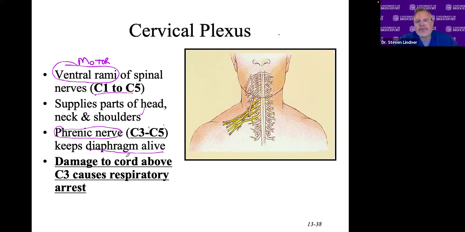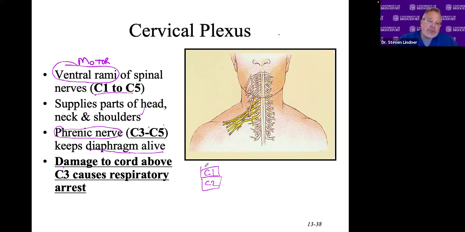Now, you can have damage to the spinal cord above C3. If we think what's above C3, well, it would have to be C1 and C2, right? These two vertebrae in the neck. And this can cause respiratory arrest if there's damage above C3. Below C3 can damage the diaphragm and can halt breathing, of course.